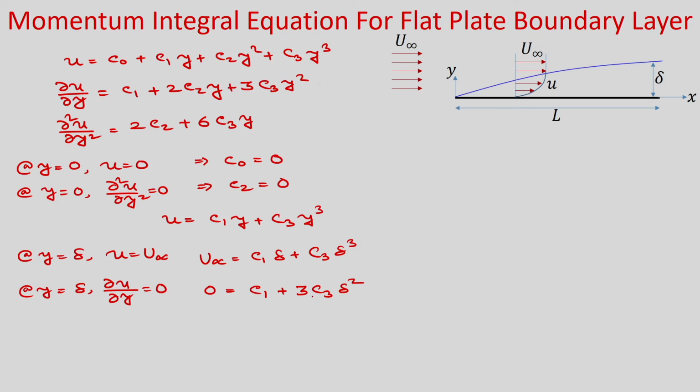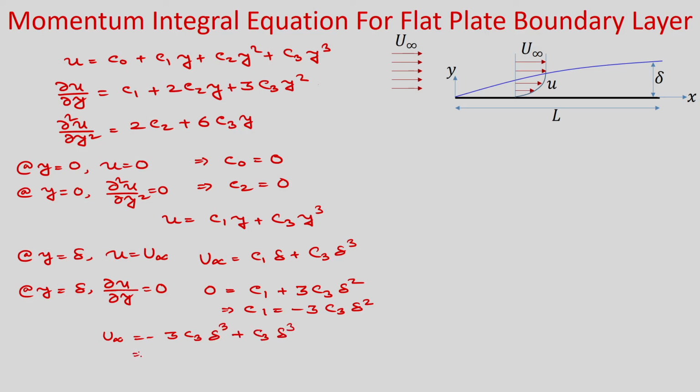So, from here you can see that C1 we can write as minus 3 C3 delta square, and from here you can see we have u infinity, C1 is minus 3 C3 delta square and delta. So, it will be delta cube plus C3 delta cube.